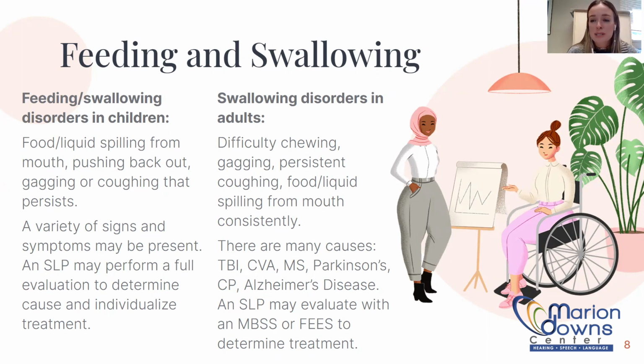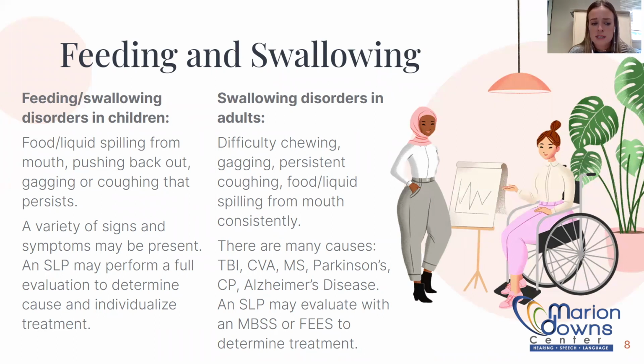And anything that persists and is consistent and just abnormal is considered the disorder part. So some of this is very typical for children, very typical for babies, but anything that persists too long and affects the child's growth, then it's a disorder.